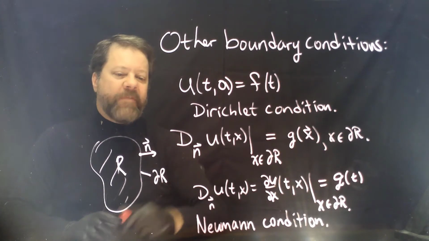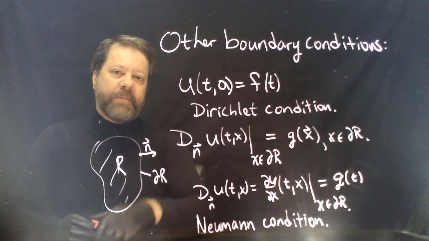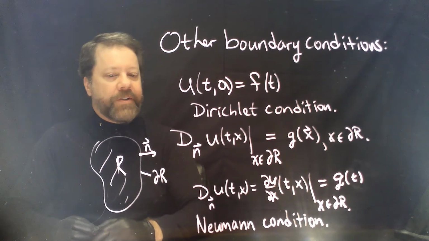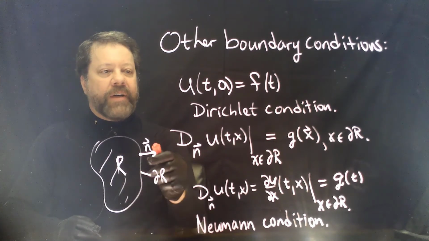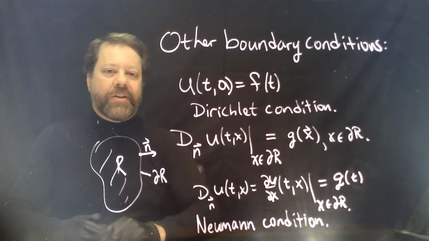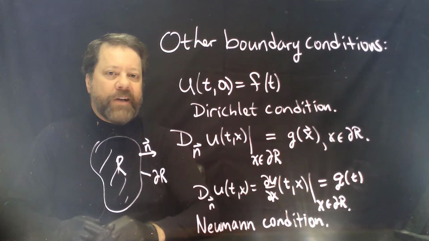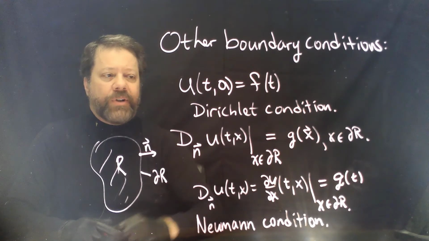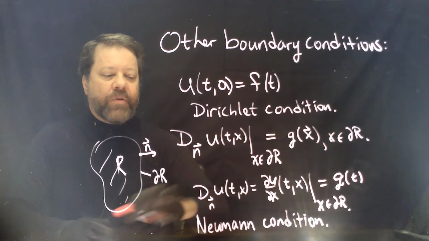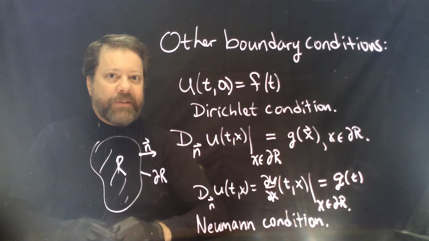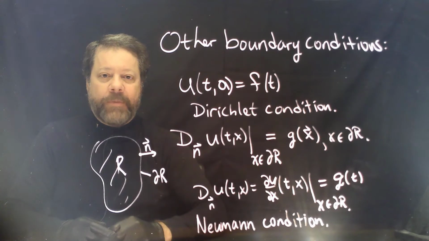So the Neumann boundary condition defines the behavior of the normal derivative of the function evaluated around the boundary, whereas the Dirichlet condition just describes the value of the function, not its derivative, on the boundary. It's possible to use a combination of both Dirichlet and Neumann conditions in a single boundary condition by taking a linear combination.